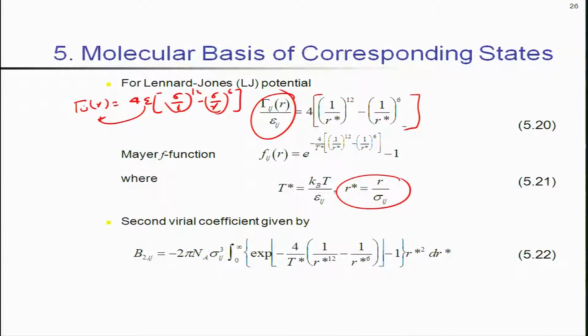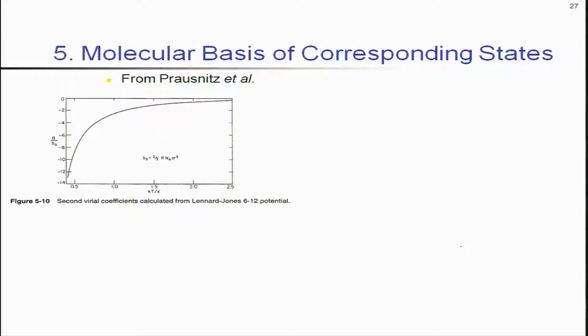Now similarly, I can use this expression in the Mayer function, and B2 will be calculated in this form, where r is in non-dimensional form, so r star is in units of sigma. Let us look at the typical virial coefficient for Lennard-Jones.